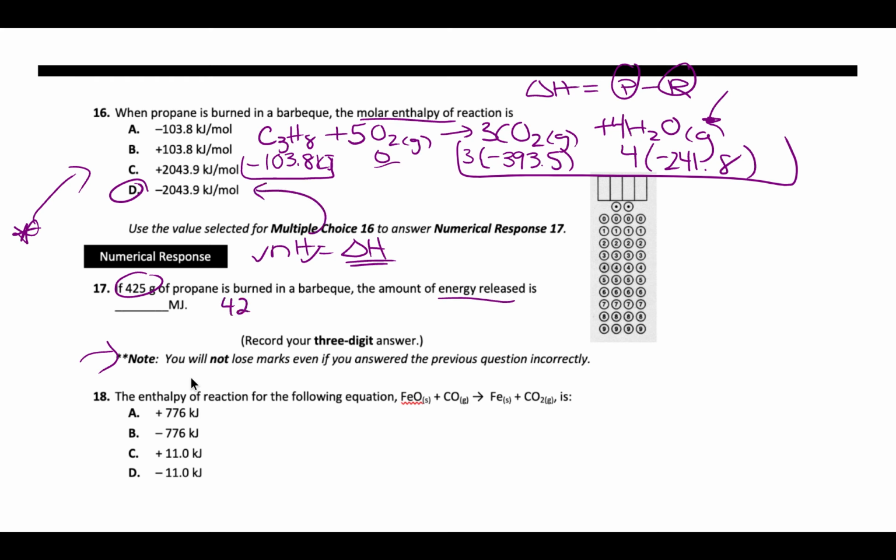So 425 grams of propane multiplied by the molar mass of propane, which is 44.11, gets you to moles. Now multiply by the molar enthalpy from the previous question, which is negative 2043.9 kilojoules.